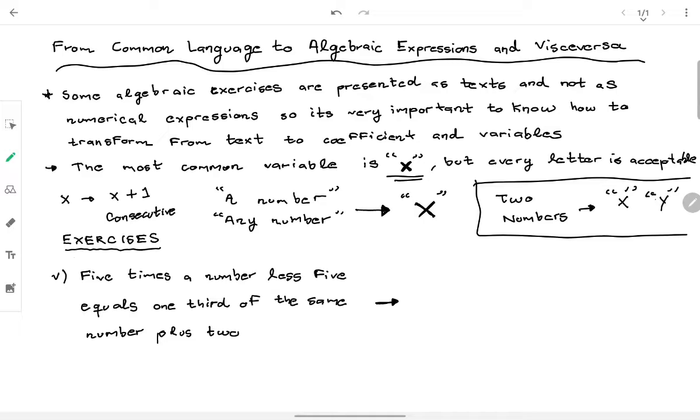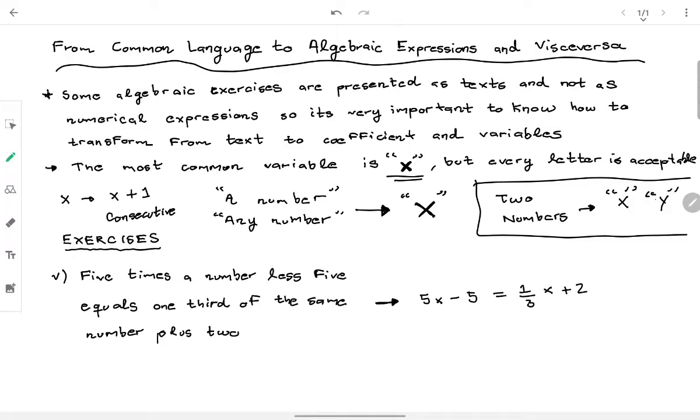Let's see, we can also represent equations. In this case, we have 5 times a number less 5 equals 1/3 of the same number plus 2.